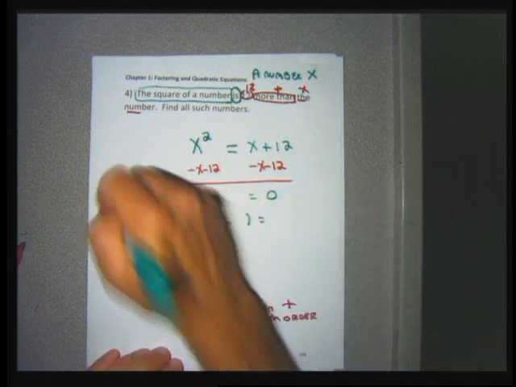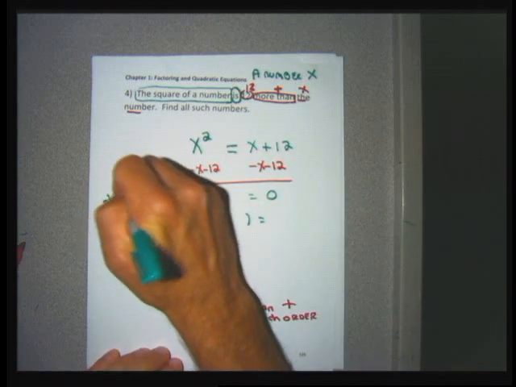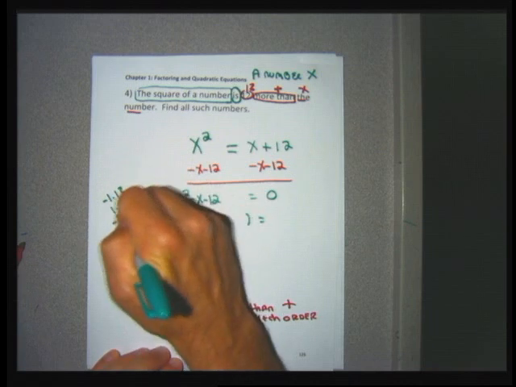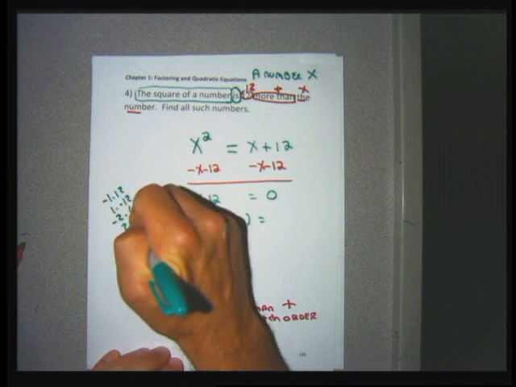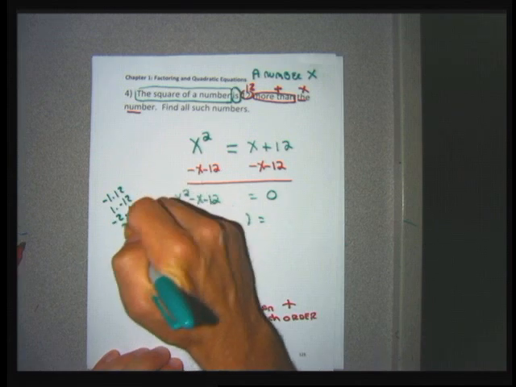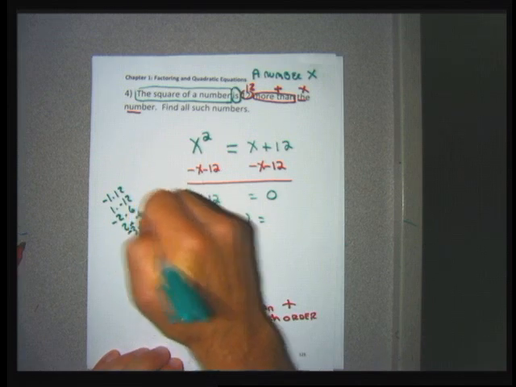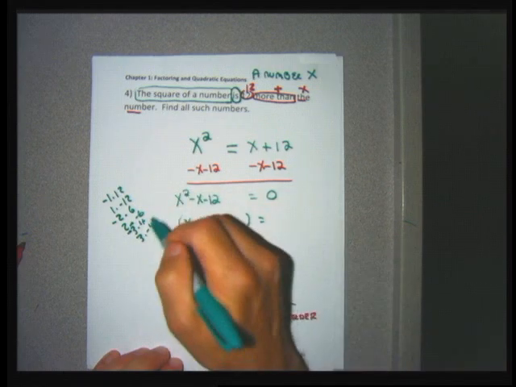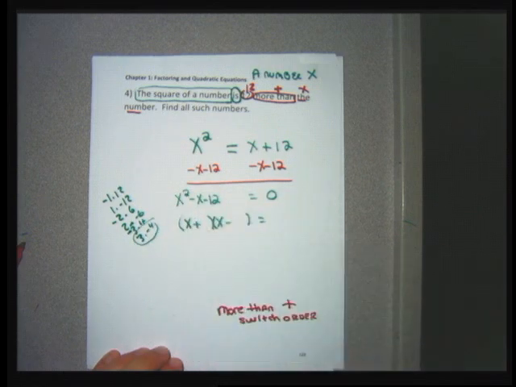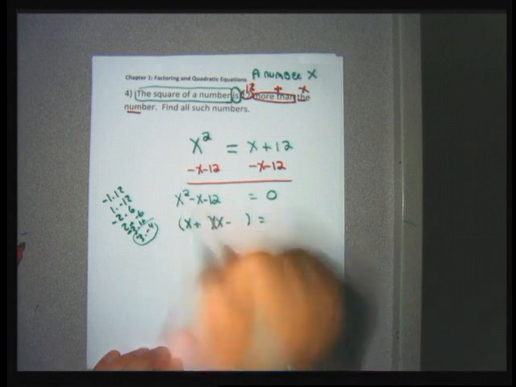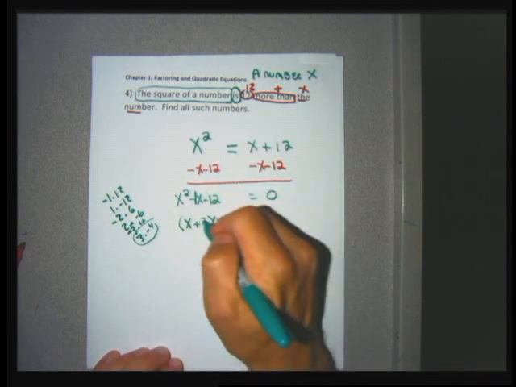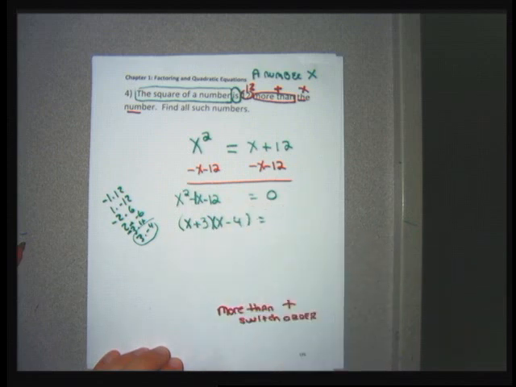And then my choices were minus 1 times 12, or 1 times minus 12, minus 2 times 6, 2 times minus 6, minus 3 times 4, or 3 times minus 4. And that's the pair that works again, because 3 minus 4 will give me the negative 1 that's implied in front of the x. So I go plus 3 and minus 4, still equal to 0.